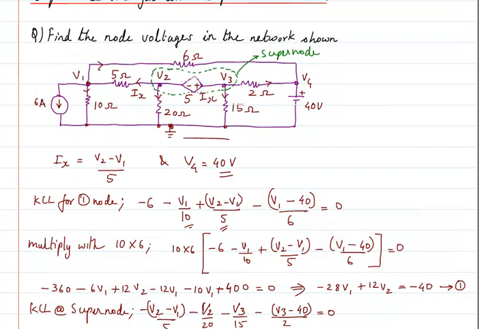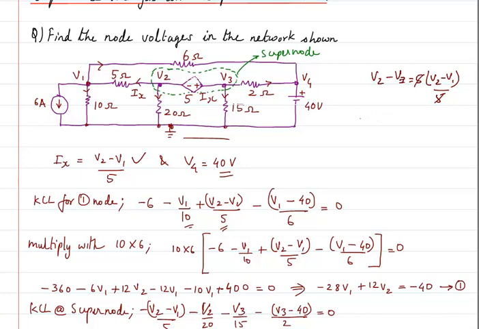We are having 5ix between V2 and V3, so actually I can write V2 minus V3 is equal to 5ix. But what is ix? Ix I already found out here is V2 minus V1, so I will basically write V2 minus V1 divided by 5. So 5 and 5 will cancel off.